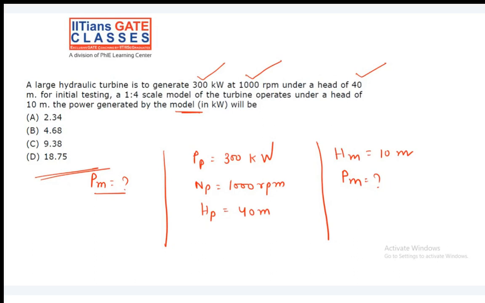So yeah, one more thing: the turbine classification. How do we classify it? There is one classification based on specific speed, and there is one classification on working head.